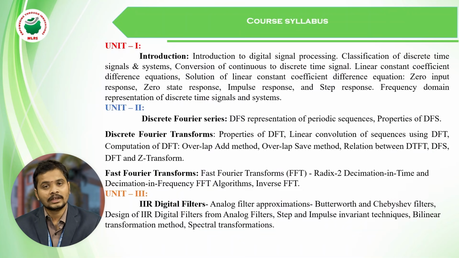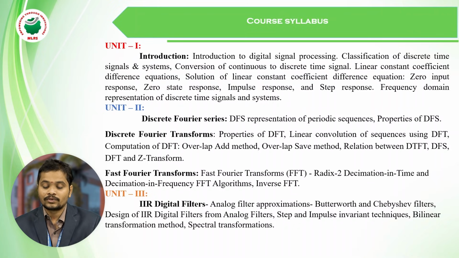Coming to the detailed syllabus, in unit 1 we will discuss the introduction to digital signal processing and the different types of signals and systems. Actually you have two different types of signals and systems: continuous signal systems and discrete signal systems. But in digital signal processing, we mainly focus on discrete signals. That's why it is called a digital signal processor.